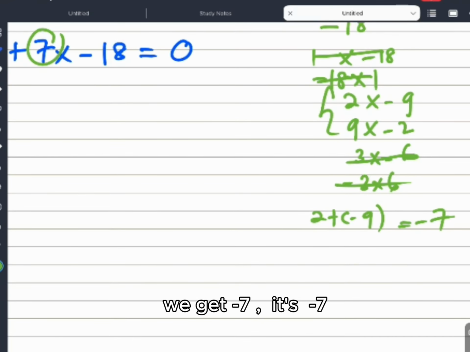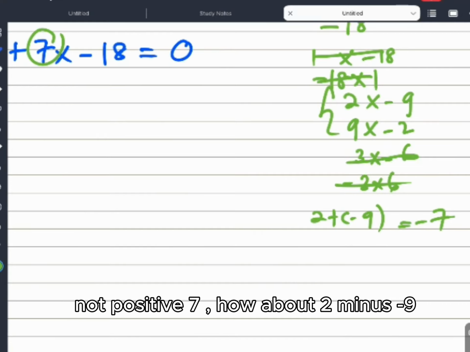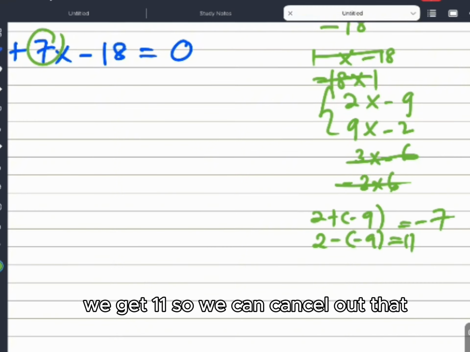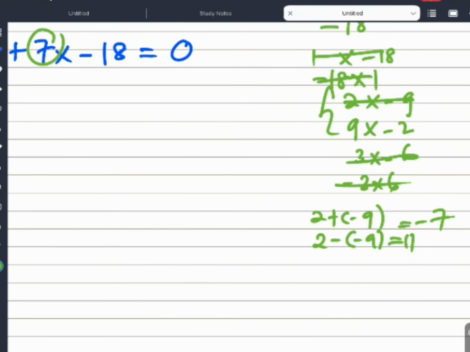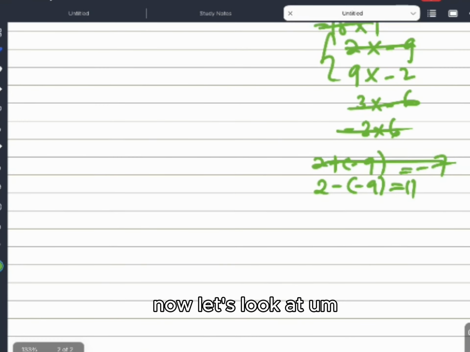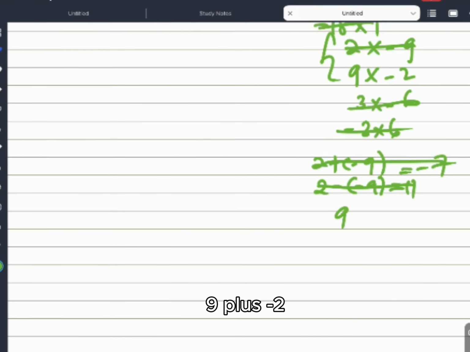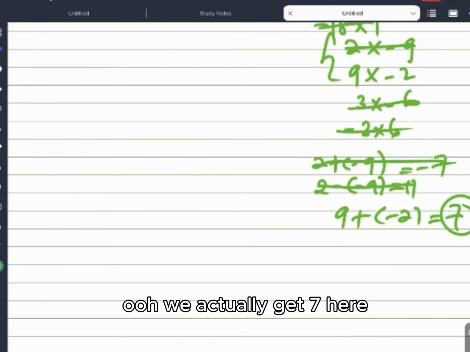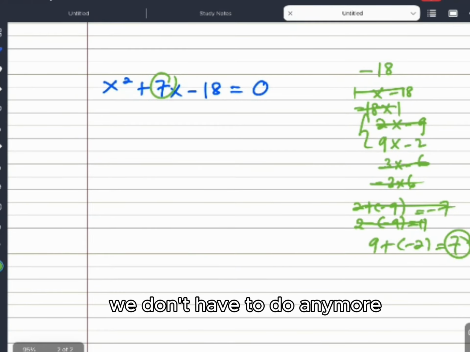It's negative 7, not positive 7. How about 2 minus negative 9, we get 11. So we can cancel out that too. Now let's look at 9 plus negative 2. Ooh, we actually get 7 here. We don't have to do any more.